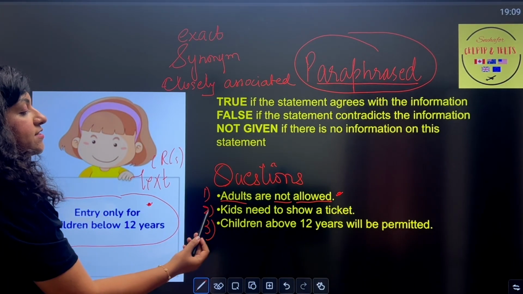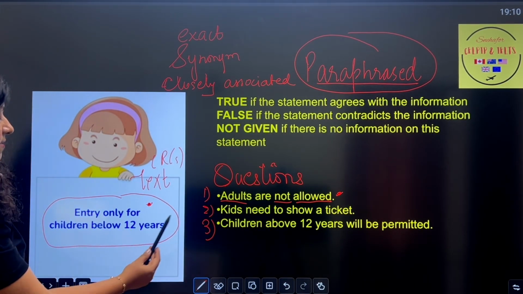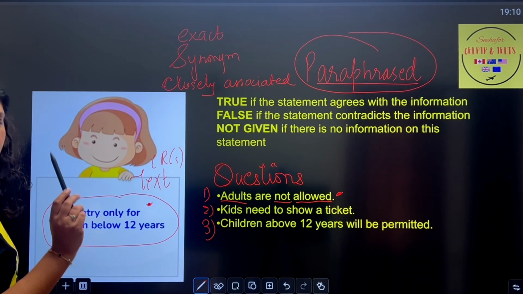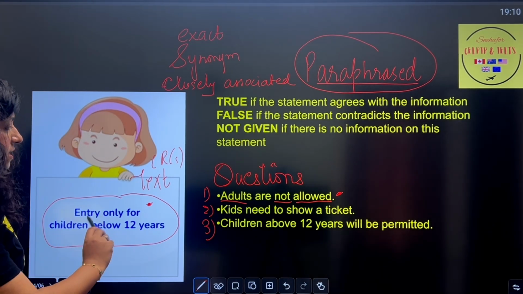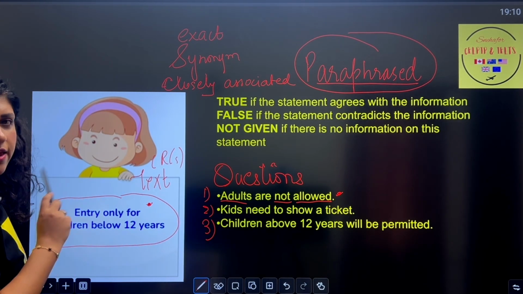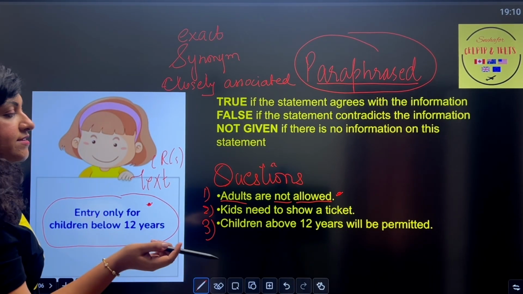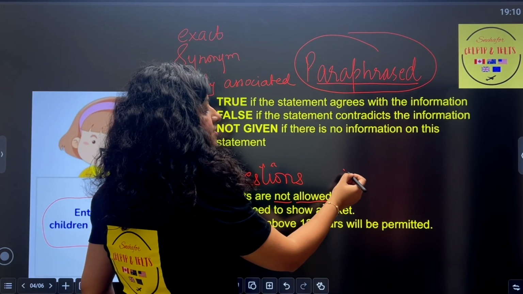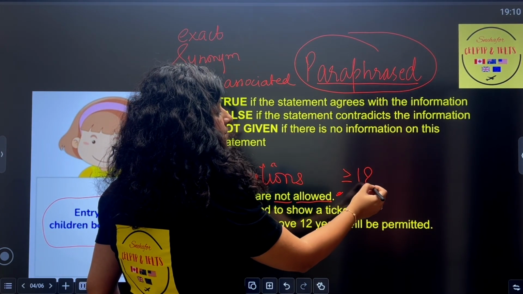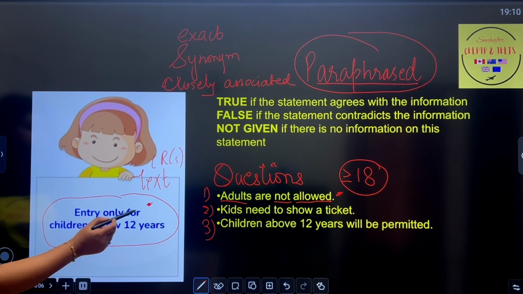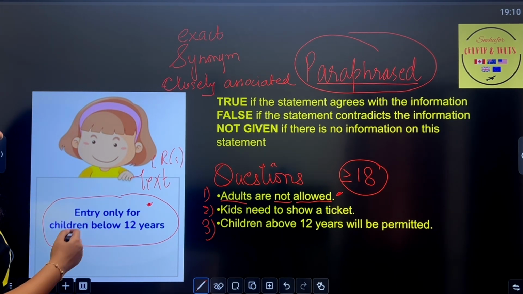So if the question says adults are not allowed, and the text says entry only for children below 12 years, what do you think? Are these two statements giving the same meaning? Adults not allowed. Adults are someone who is 18 or above. And entry only for children below 12 years.